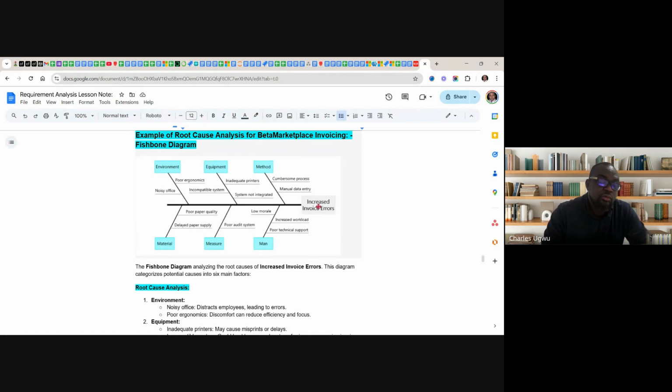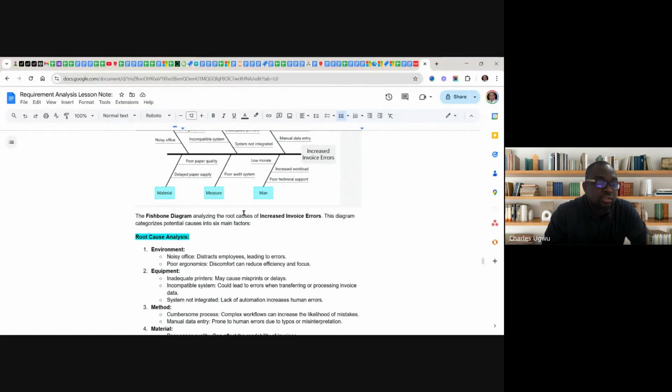So this is cause and effect. If we're trying to use this fishbone diagram to solve a problem, we first identify the problem and the surrounding factors that can possibly cause it. Once we collect all these, we are very close to solving this problem.